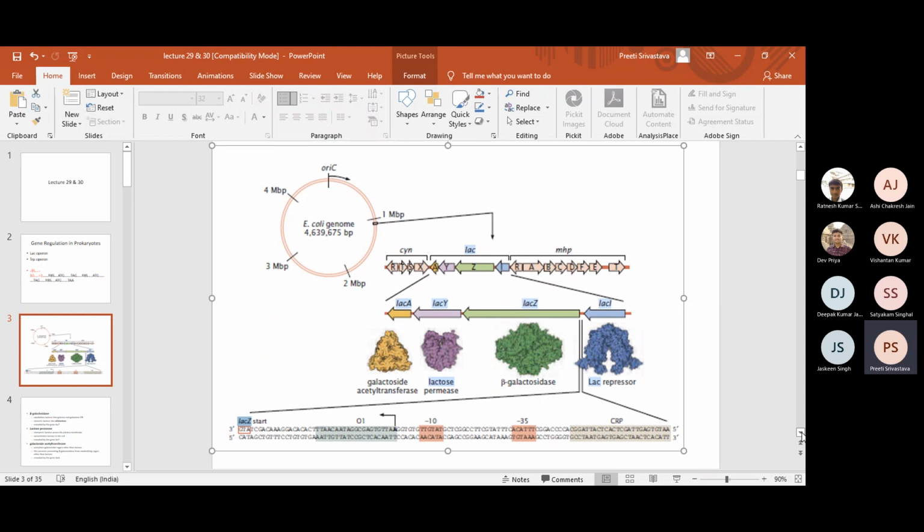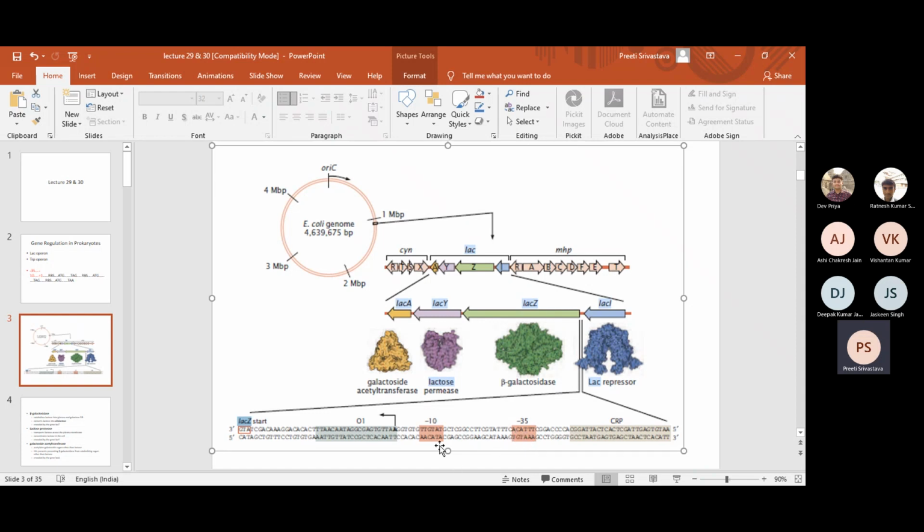Now let us look at the promoter sequence. You see the minus 10 and the minus 35, and the minus 35 sequence is not very conserved. It has TT, and then instead of G it has an A, and the rest is fine.